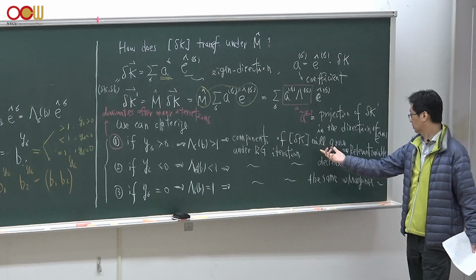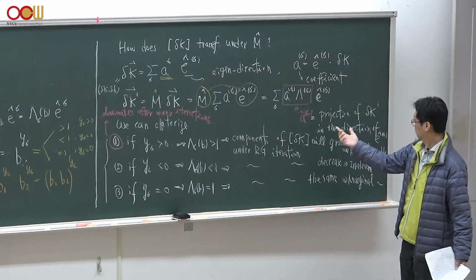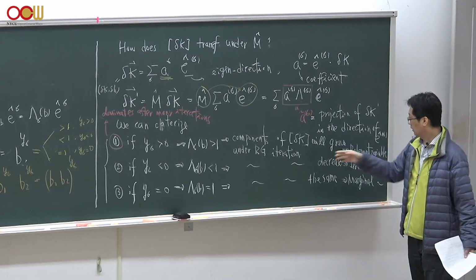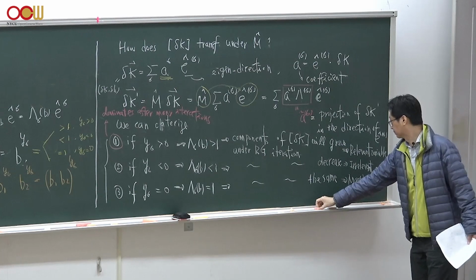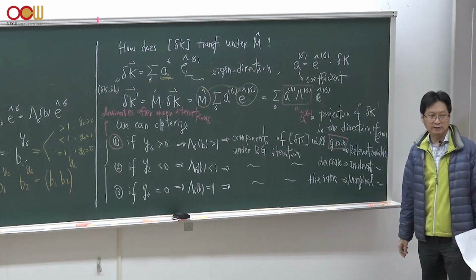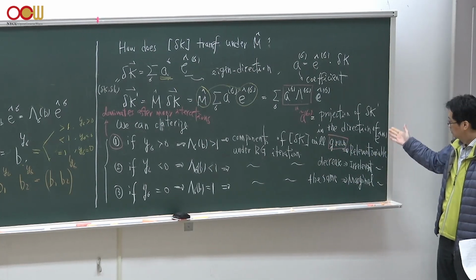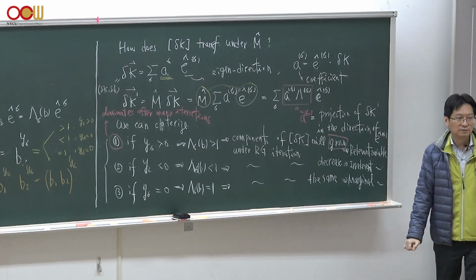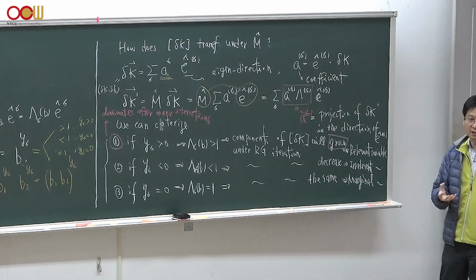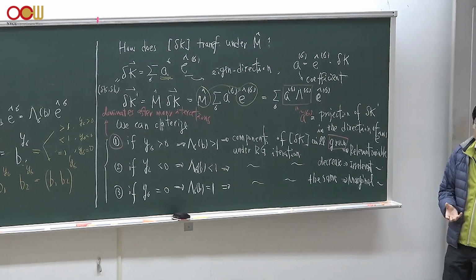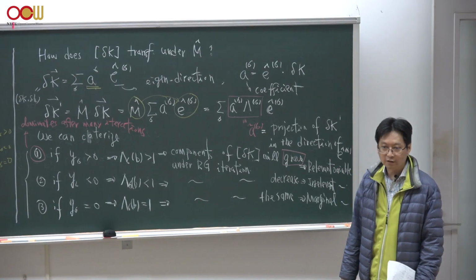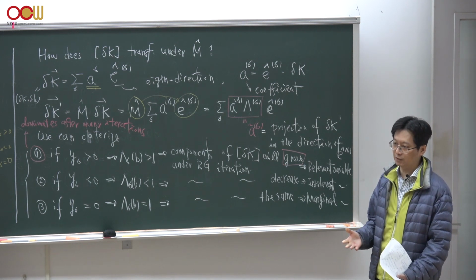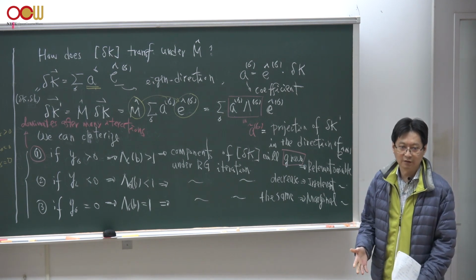So we say the components or the projections of this delta k along that direction will grow under RG. And this is why we call this variable the relevant variable, because the coupling constant becomes increasingly larger, which means that this coupling constant becomes more and more important under RG.